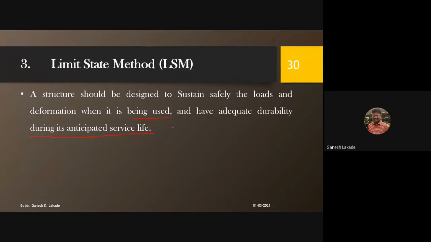Because again, as we know, concrete will not remain in the same state during its total lifetime. Am I correct? Concrete will not remain in the same state during its total lifetime.